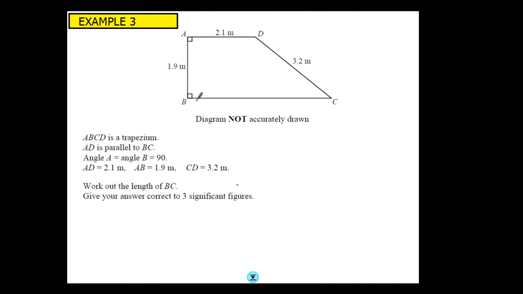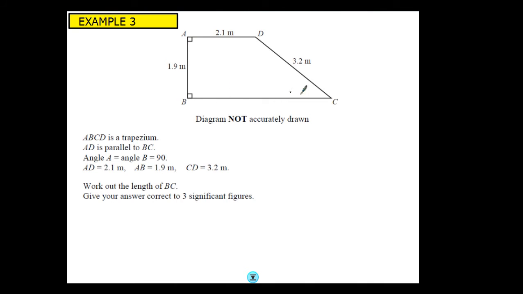Now, with this one, what we're trying to find is this length here. It's a Pythagoras question, but it's disguised in this diagram. So what you're trying to do is use Pythagoras in some way. The way to do this is think about where you could draw lines that might help. If I drew that line there, then I would be able to use these to work out this length.